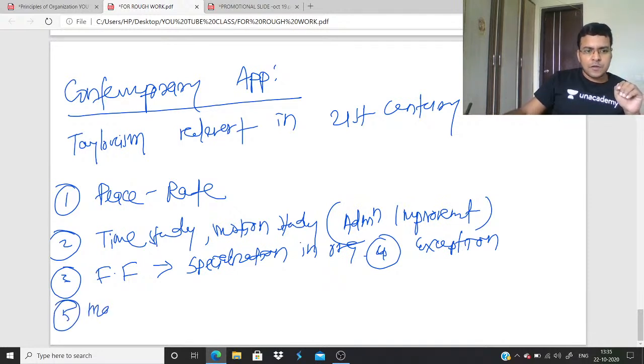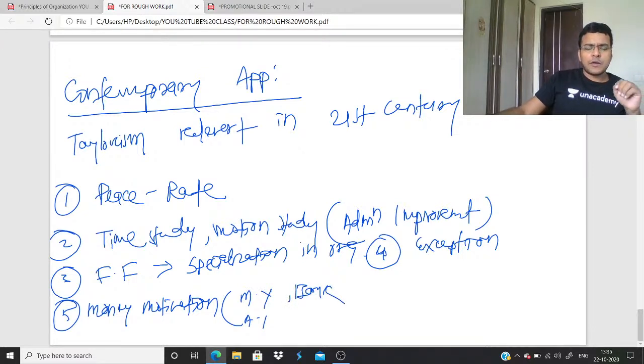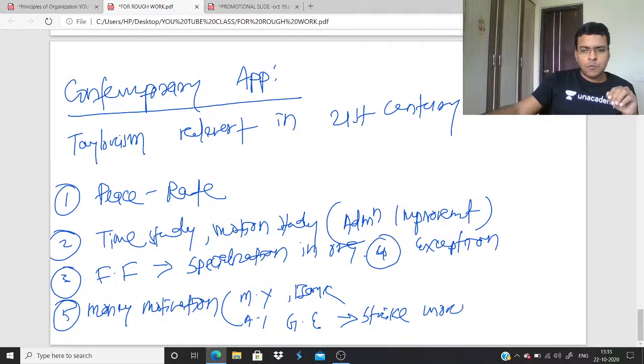Fifth, money motivation. You still find that people of Maruti Udyog, Air India, banks or many government employees strike for more wages. You can also write that during the COVID-19 pandemic, money was the most important motivation.